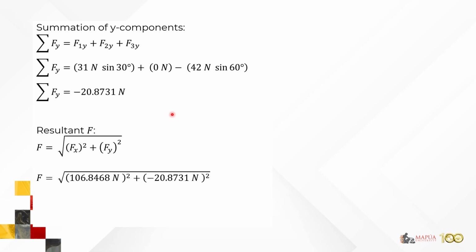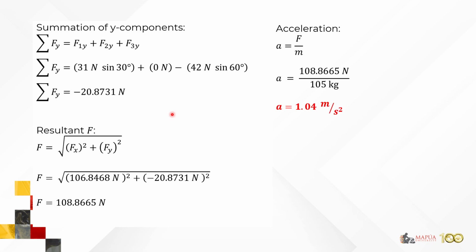And then just substitute the values, and you should get an answer of 108.8665 newtons. But remember, we are asked for acceleration. So to solve for acceleration, you just use the second law. A is equal to F over M. That means you just plug in the given values, and it should be equal to 1.04 meters per second squared.